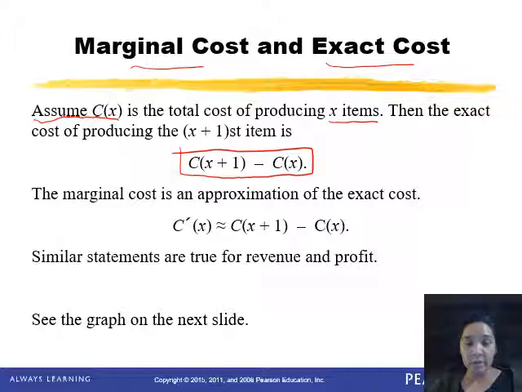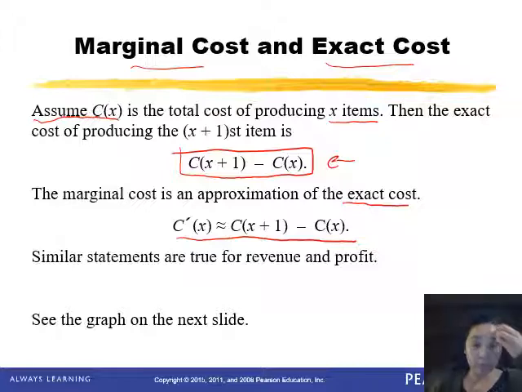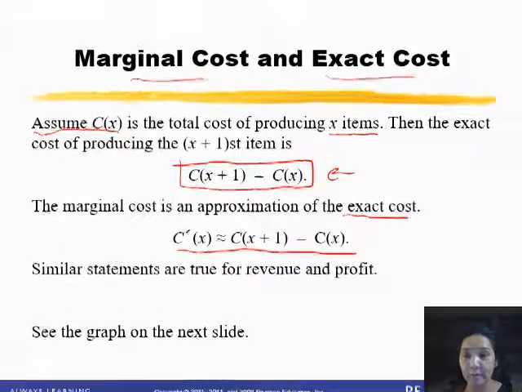This is circled in red. So the marginal cost then is the approximation of the exact cost, and it is the derivative of this function that we found earlier. Similar statements are true for the revenue and the profit function.